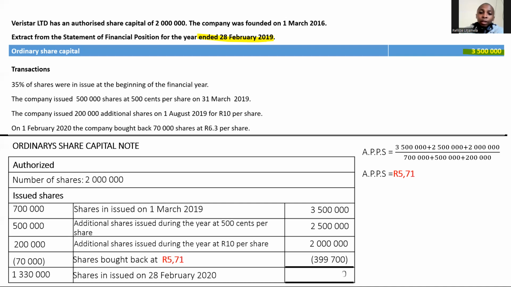My share capital at the end of the financial year will be 7,600,300. Now, when you calculate your average price per share, you will take that 7,600,300 divided by 1,330,000, and that will give you 5.71, which is the same as the average price per share when those shares were bought back.